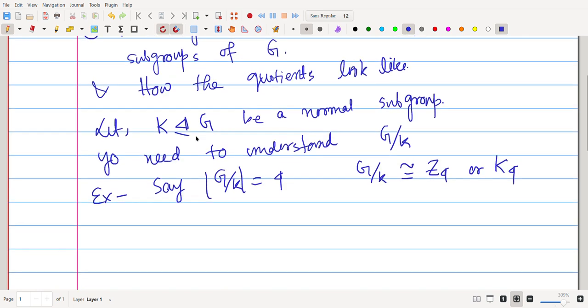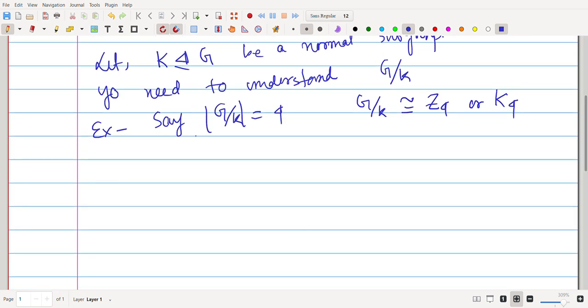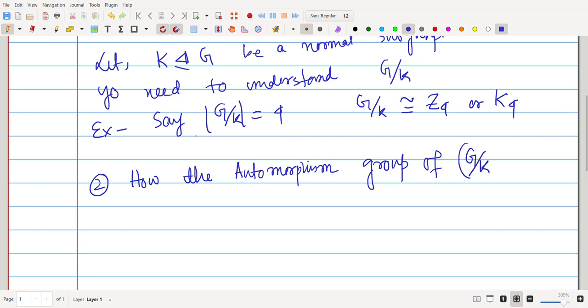In the next step, usually the quotient is some known group, so that you know what the automorphism group is, and that helps you compute the exact number of homomorphisms.